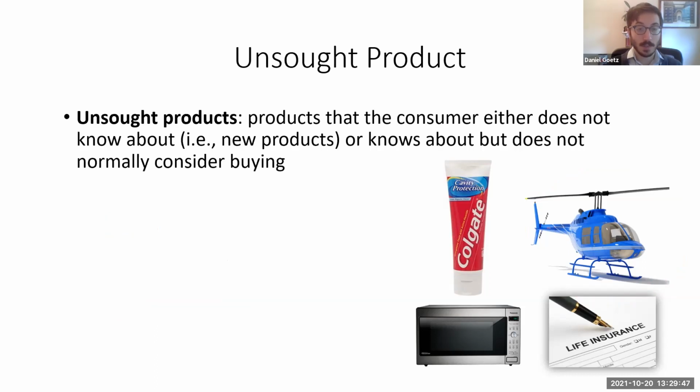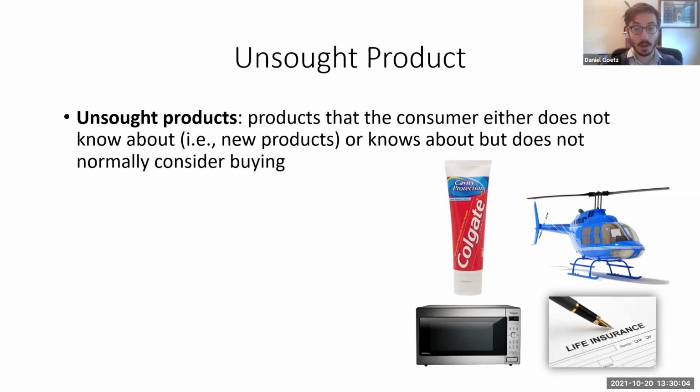Lastly, we have unsought products. These are products that the consumer either doesn't know about, perhaps a new product, something that they've never encountered before, or they know about them, but they don't normally consider buying them, right?